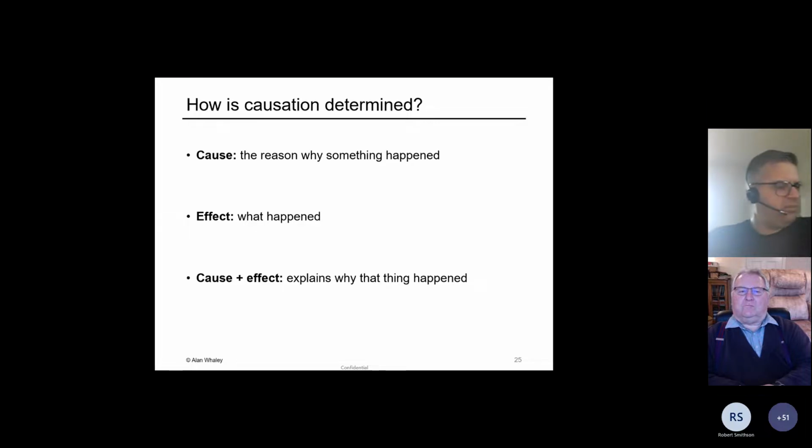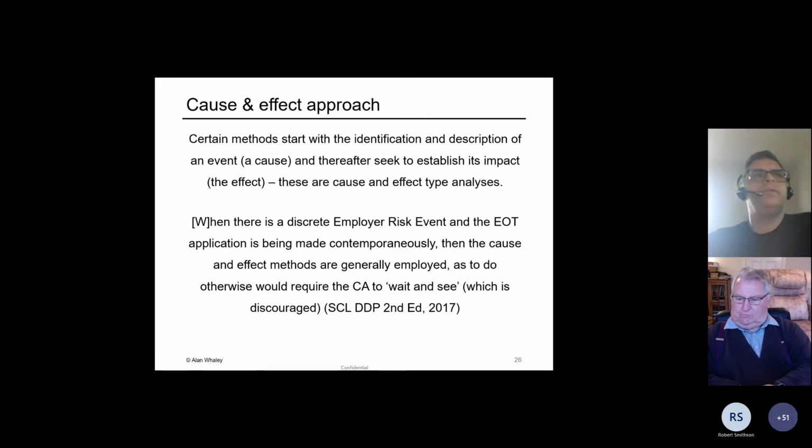So again, we often hear people talk about cause and effect analyses, but there isn't any sort of discrete thing that you're doing there. You're just explaining why something happened. That's what a cause and effect analysis is. So interestingly then, we can do a cause and effect analysis in 2 ways. The first way is to find out all the different causes that possibly existed on a project, causes of delay.